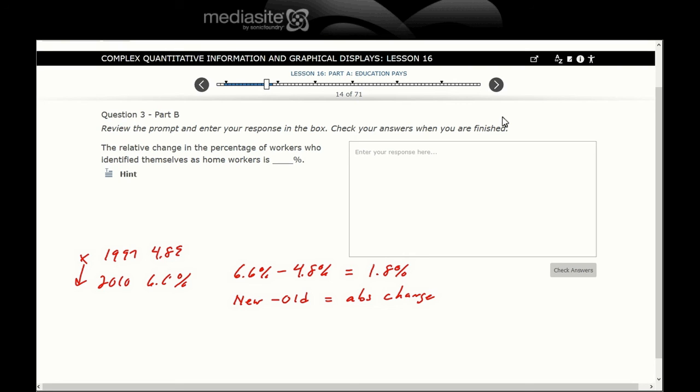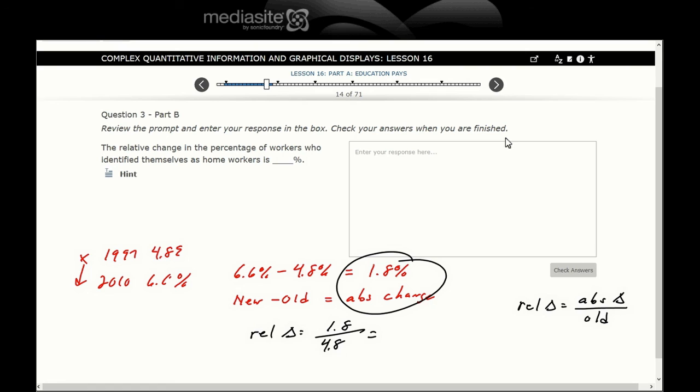Now find the relative change in percentage. Okay, relative change, recall, is absolute change over basically the old. What are we coming from? So relative change should be 1.8 over 4.8. Because here's our absolute change. And where do we start from?